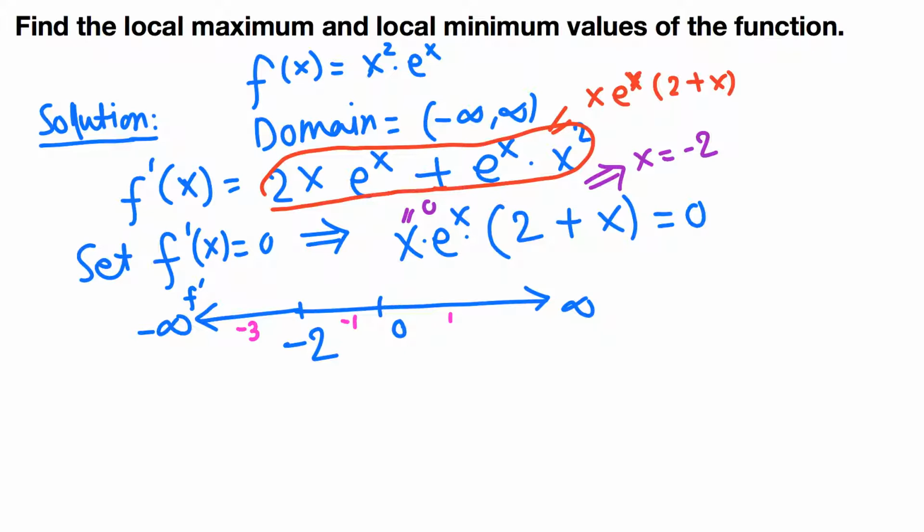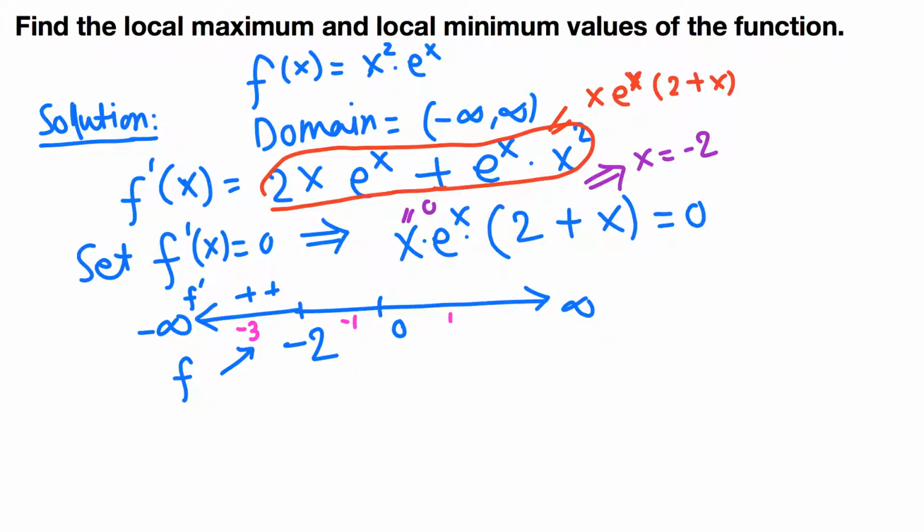This is negative 3, and the exponential is never negative, so we don't have to worry about that part. 2 plus negative 3 is negative 1, and x is negative 3, so negative times negative is positive. So the derivative is positive here. That means on this interval the function is increasing.